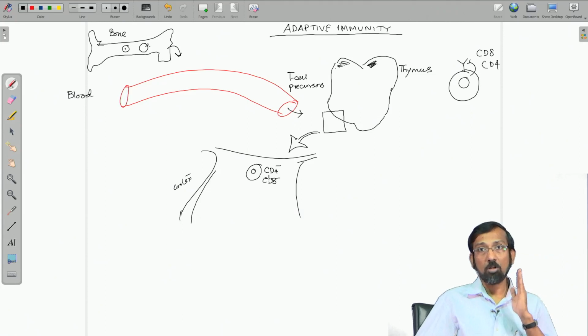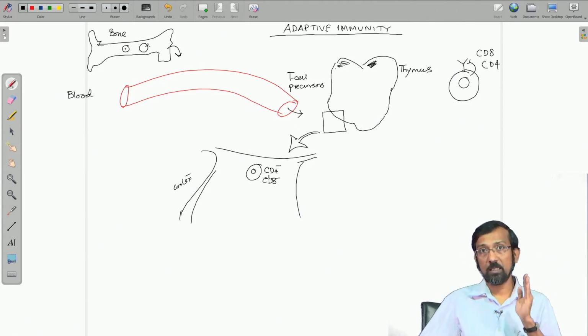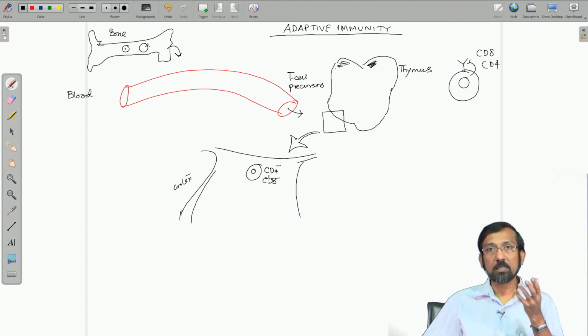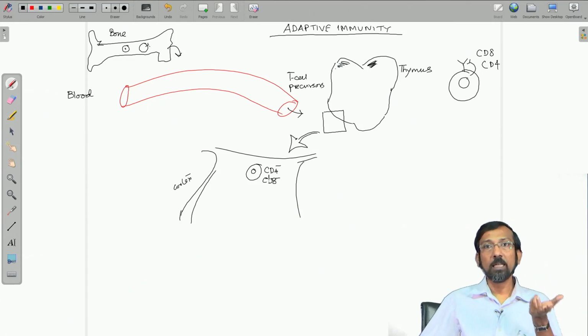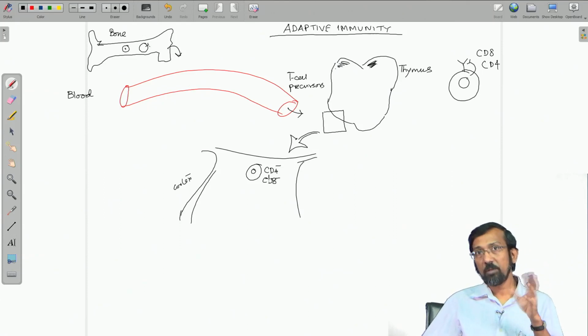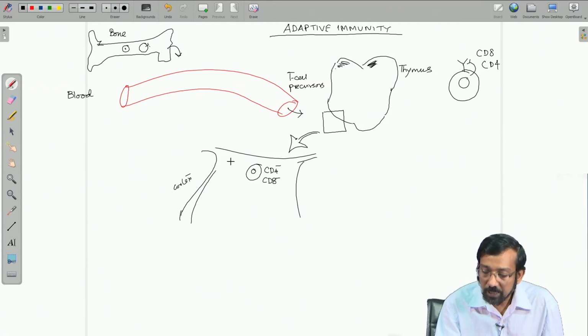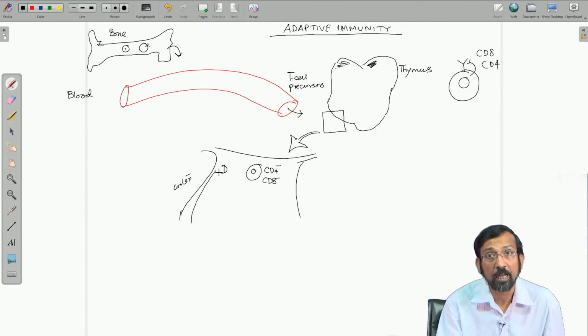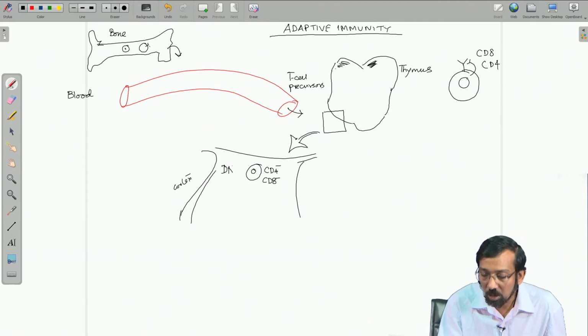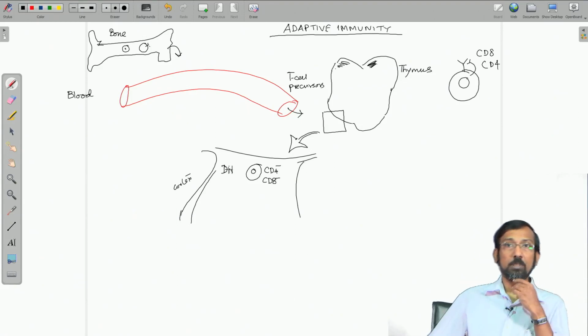We call them markers to identify what kind of T cells they are, or finally what kind of T cells they will differentiate into. So, CD4 minus CD8 minus cells are also called double negative cells, because they are negative for both CD4 and CD8.